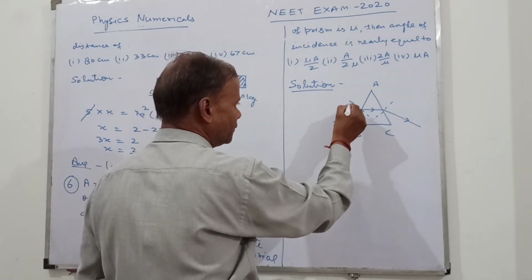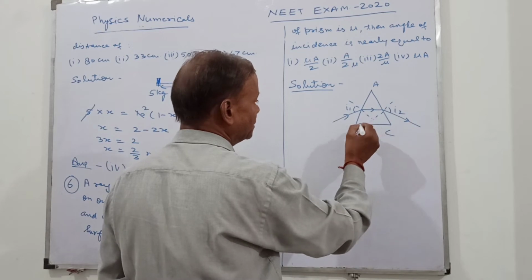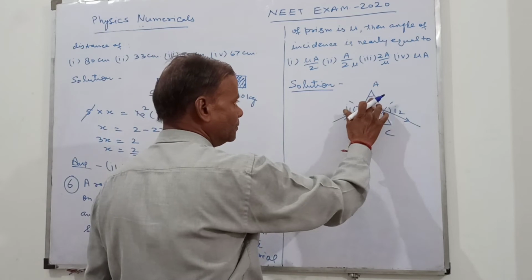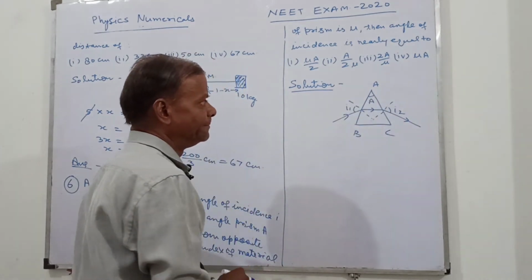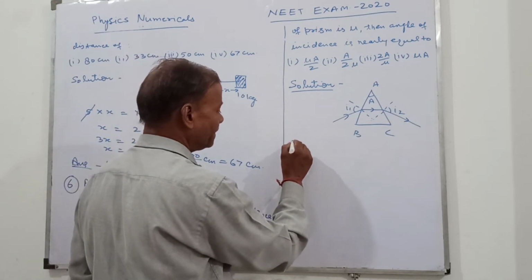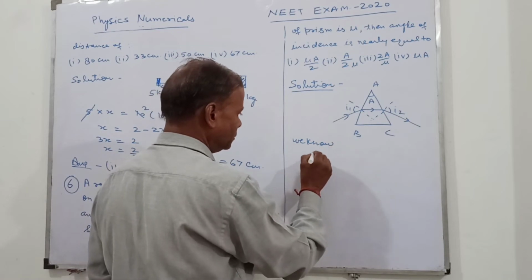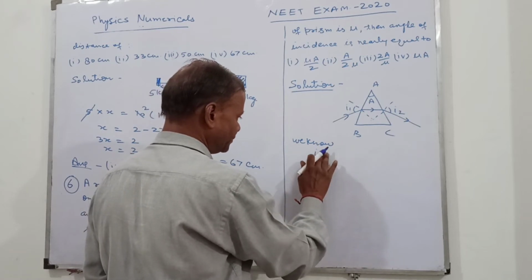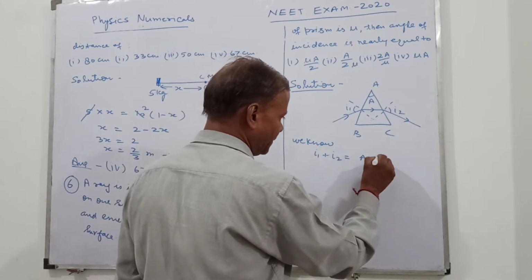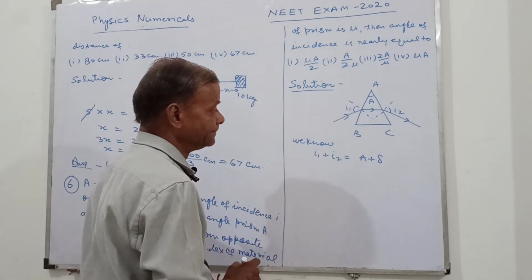This is the angle I1, this is the angle I2, and this is the angle of prism A. And we know that I1 plus I2 equal to A plus delta. Delta is the angle of deviation.